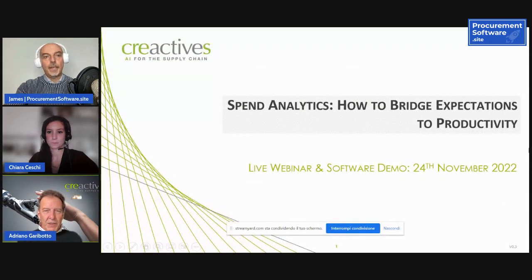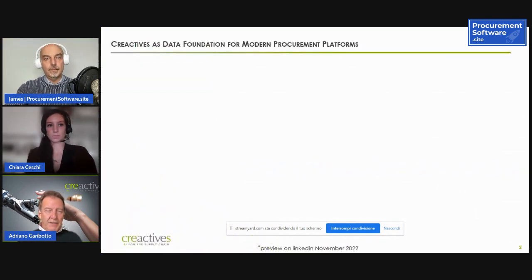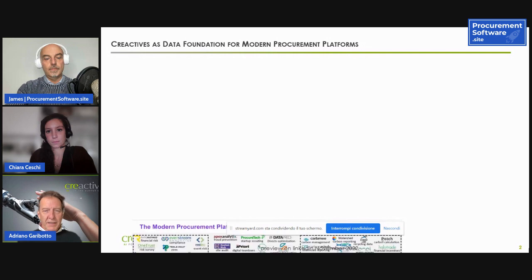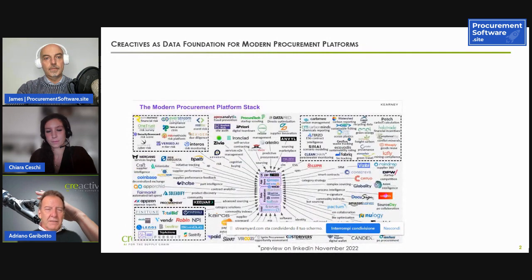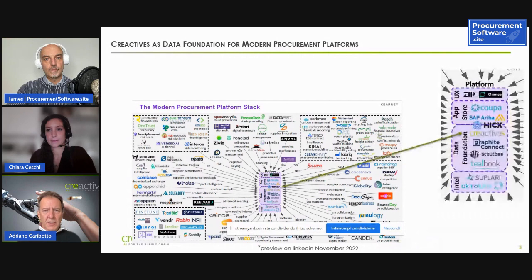So first of all, the very famous and now popular spider chart elaborated by Eloise Epstein for Kearney has put Creactives right in the center. And why right in the center? Because in the center there is what is called data formation.